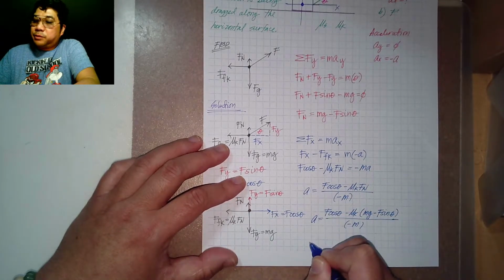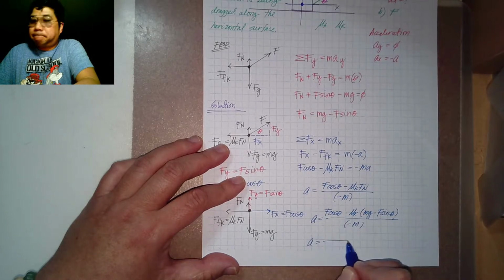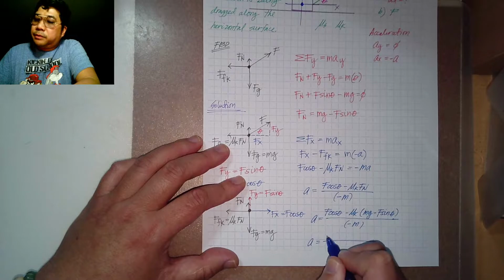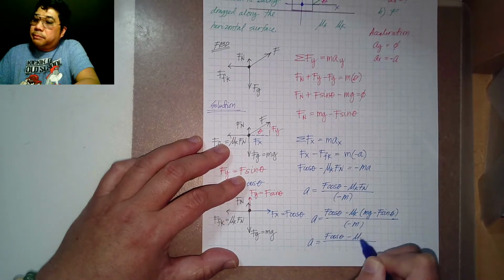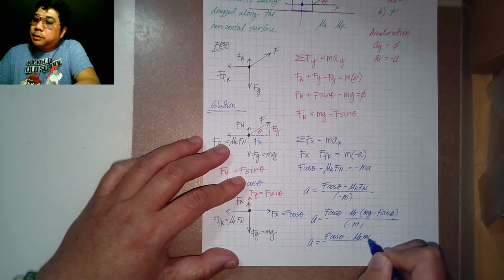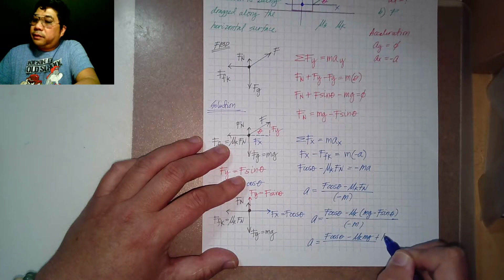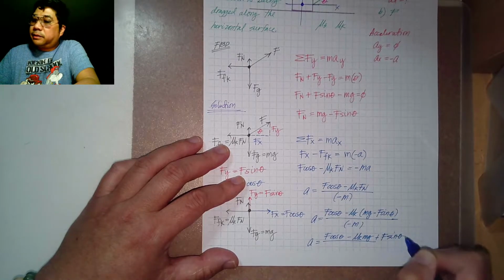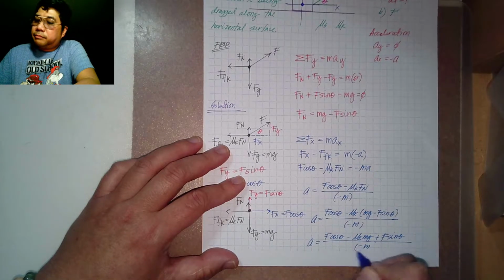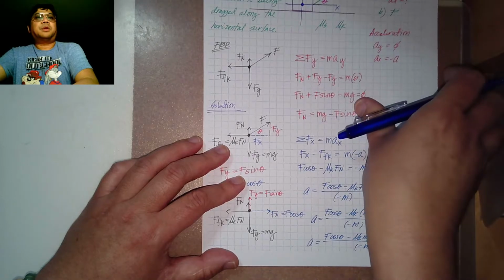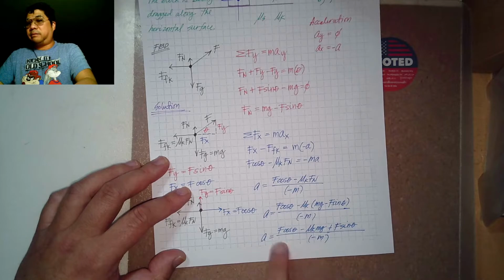I'm not so sure if we have space to write, but let's try it. So this will give us F cosine theta, negative mu k mg, negative times negative, so that will give us positive mu k F sine theta, over negative m. Okay, so what I'm going to do is remove the negative, so divide positive by negative.